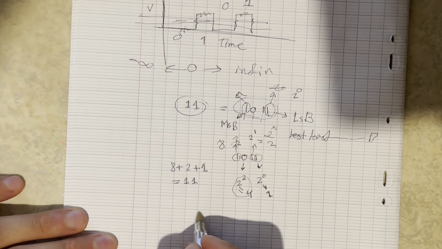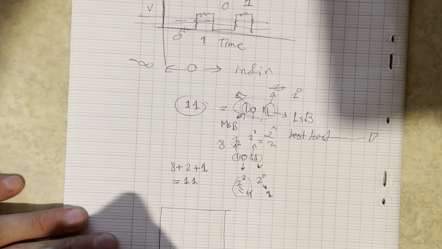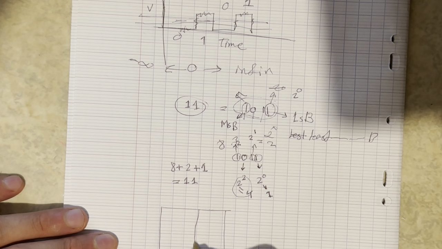After that, we have a truth table. For example, here we have a truth table of 0 0 0, 0 0 1, 0 1 0, 0 1 1, 1 0 0, and 1 0 1 until the end.